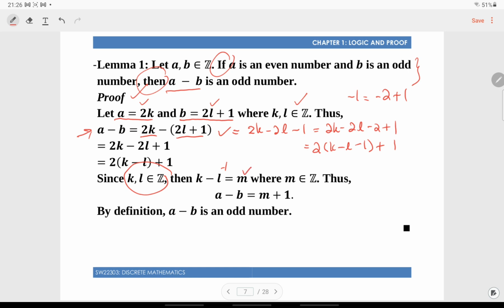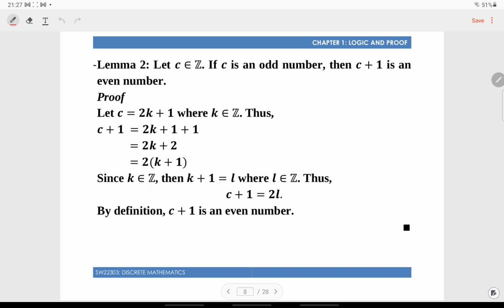We can call that integer m, where m is an integer. Thus, a minus b finally can be represented as 2m plus 1. Because m is an integer, based on the previous definition, we can say that a minus b is an odd number. At the end of a proof, we provide this solid square to indicate the end of our proof.